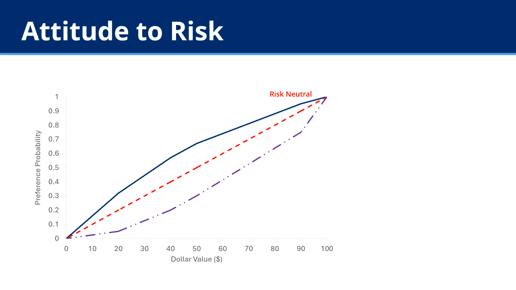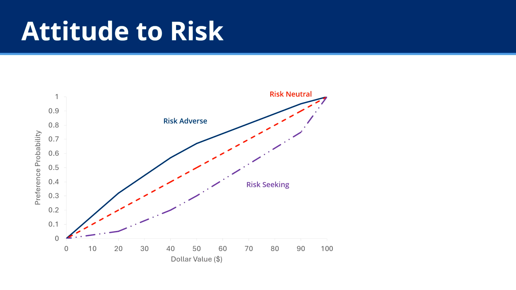The red dashed line is what's called the risk neutral line. This is the diagonal, and Chris captured this diagonal in the U curve. The purple dashed line is what's called risk seeking, and the solid blue line is what's called risk averse.